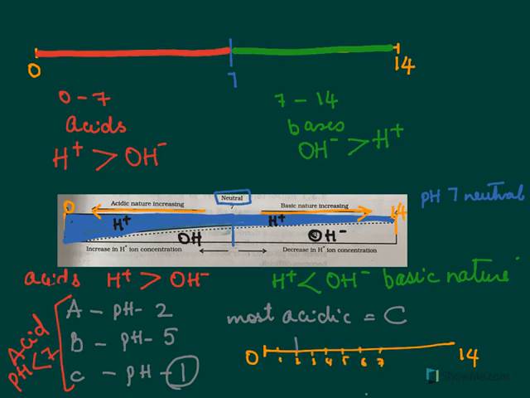So this will be A, this will be C, and this will be B. Here the acidic character increases on this side. So who's most acidic? C. Who will be least acidic? B.